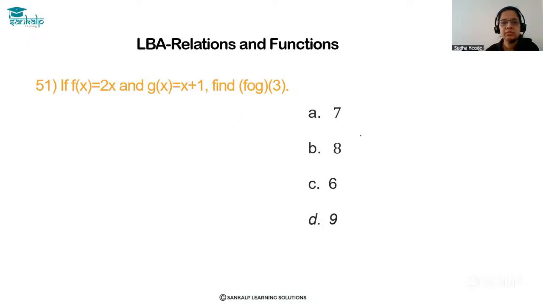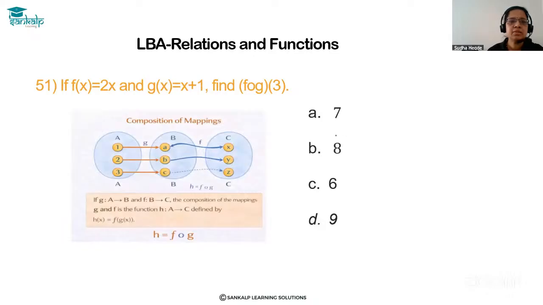Hi everyone. The question is, if f of x is equal to 2x and g of x is equal to x plus 1, you need to find f composition g of 3. Okay, to find f composition g of 3, you need to first find f composition g of x.